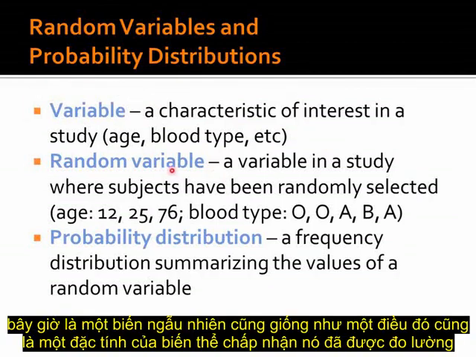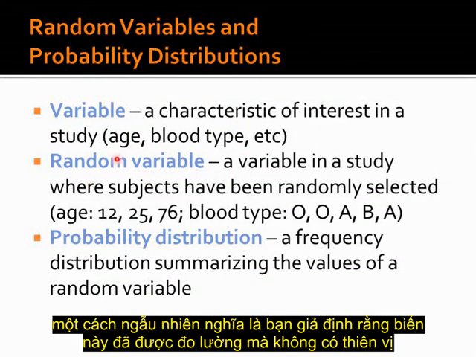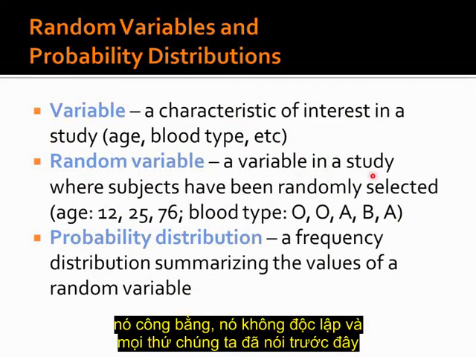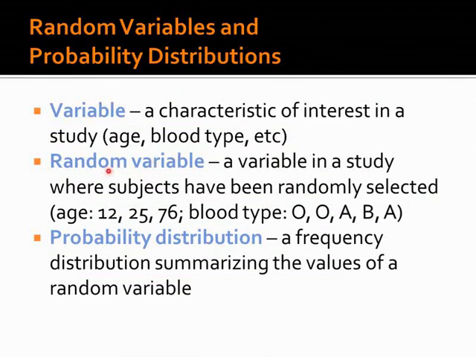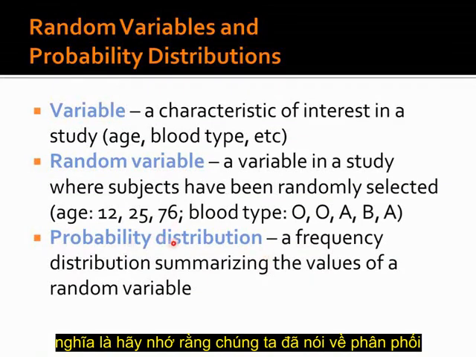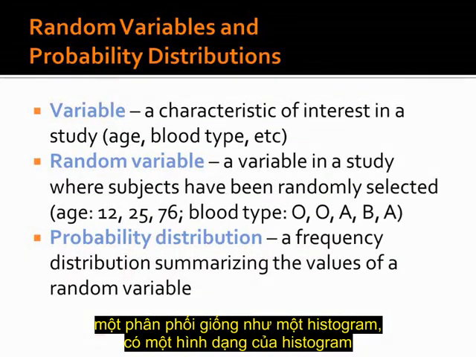Now, a random variable is the same thing. It's also a variable, a characteristic of interest, except it has been measured randomly, meaning you assume that this variable has been measured without bias, has been fair, has been independent, and everything we talked about previously. A probability distribution, then, is a frequency distribution summarizing the values of a random variable. Remember what we talked about with a distribution? A distribution is like a histogram.